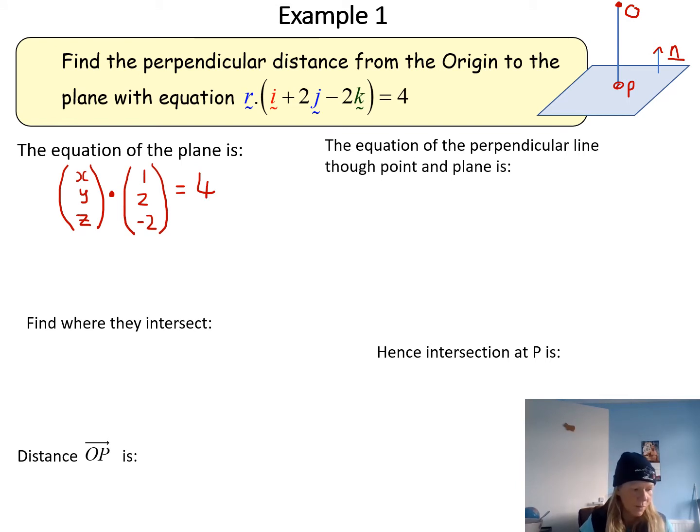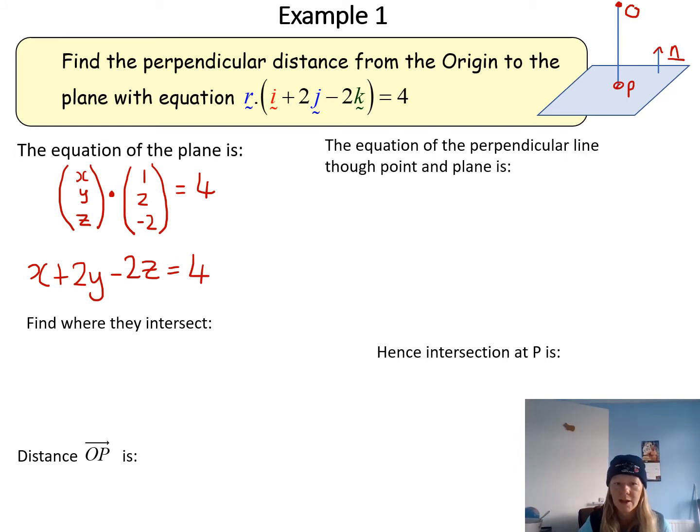So what we can see from that is that that's the direction vector we're after. If you wanted it as Cartesian, we might as well write this down and use it later. The Cartesian form of this plane would be x plus 2y minus 2z equals 4. We'll be using that later, but we'll see why in a minute.